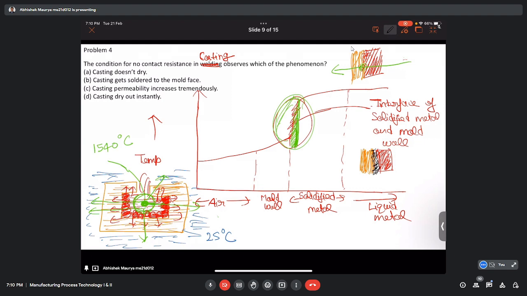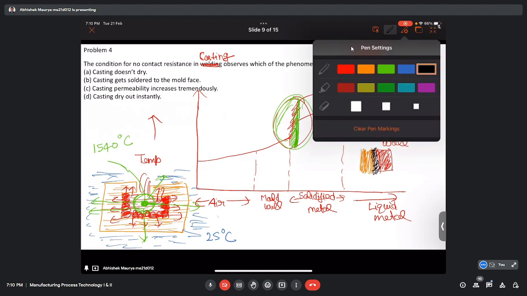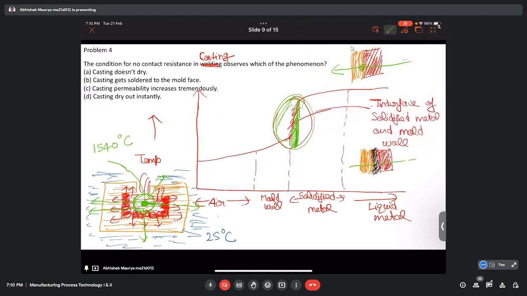So if this gas gap is there, and heat flux tries to move from the center to the ambient, then here in the gap region we would have air. It will find large heat resistance. We know air is a poor conductor of heat.